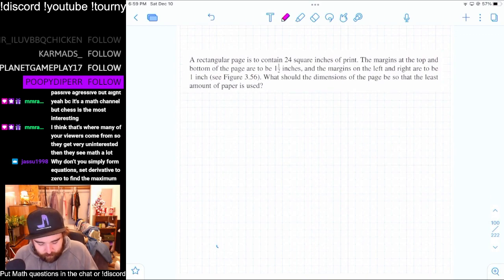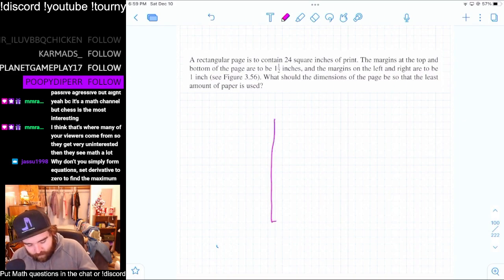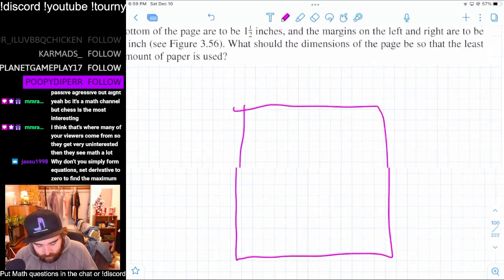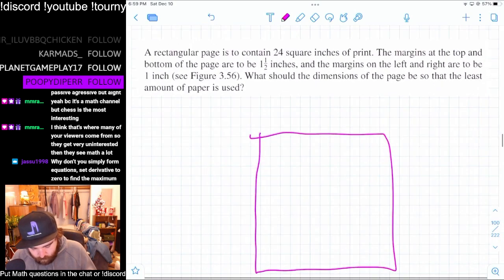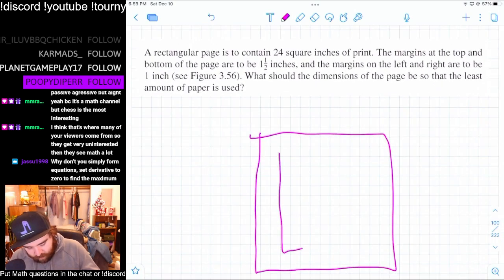But for now, we got a rectangular page that's going to have 24 square inches of print. The margins at the top are 1.5. The margins on the left and right are 1. What should the dimensions of the page be so that the least amount of paper is used? Whoa, that's kind of strange. So we've got our thing. We know we have margins.